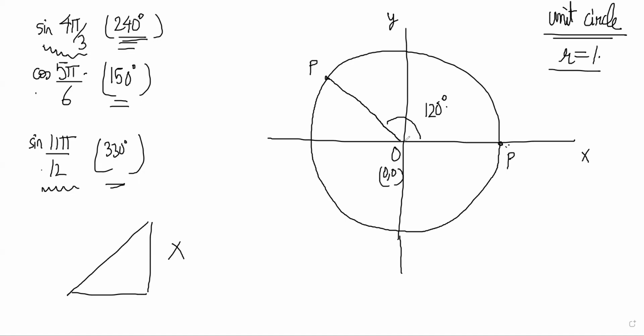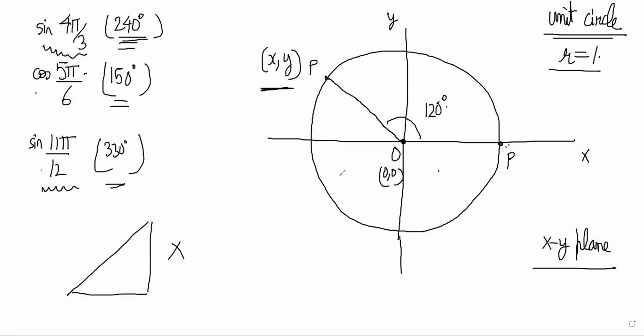This point O is at the origin, right? Have you learned about coordinate geometry and the XY plane and Cartesian coordinates? Yes. Can you find out the X and Y coordinates of point P right now?